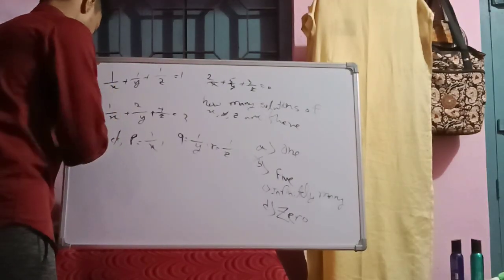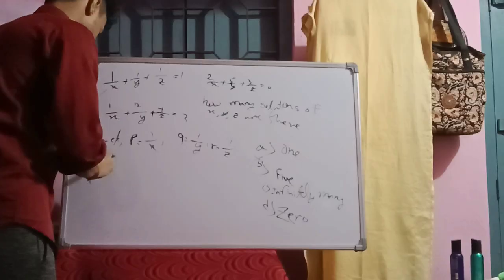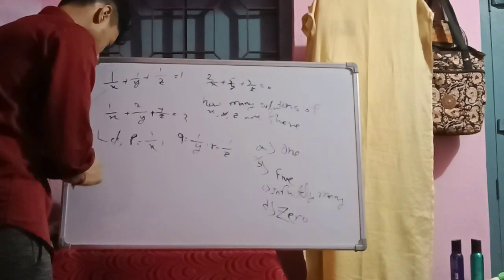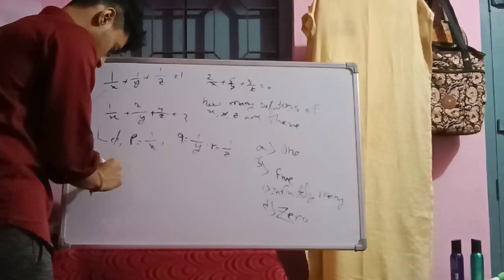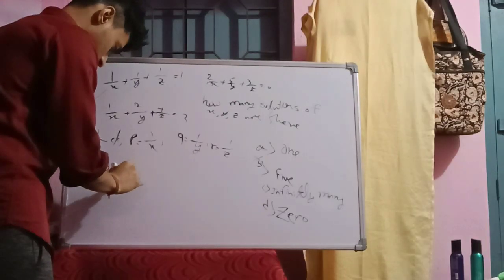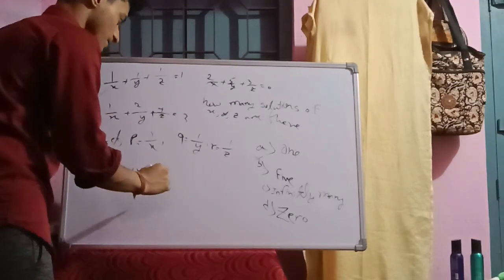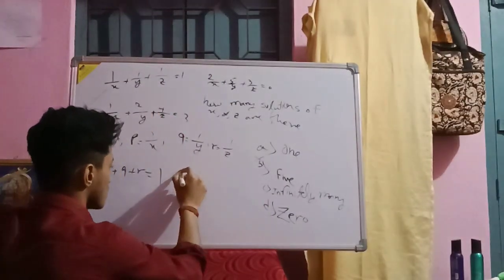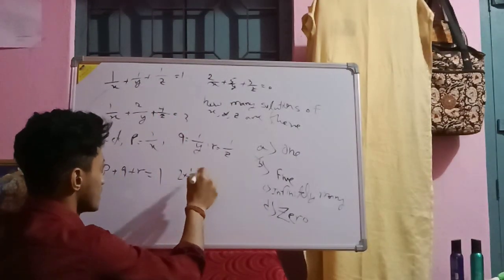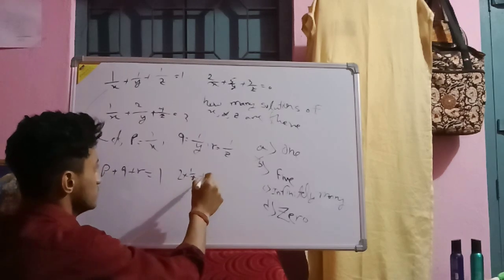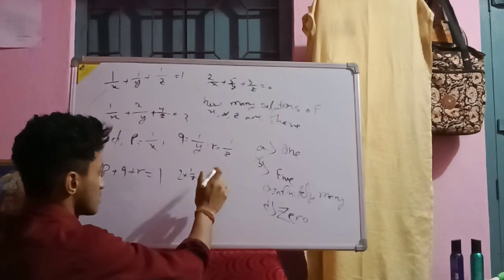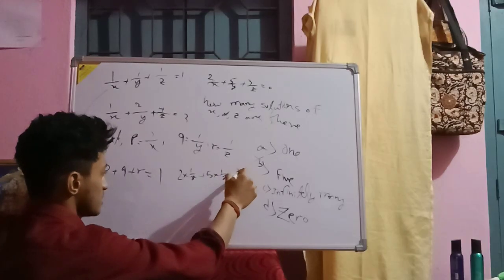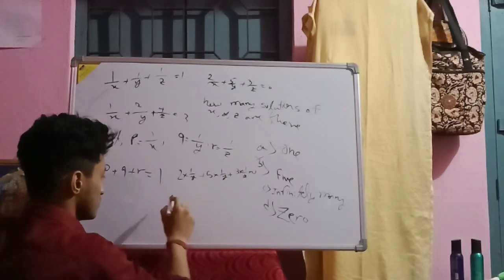Now let's write our equations in terms of p, q, and r. The first one becomes p plus q plus r equals 1. The next one becomes 2 times 1 over x plus 5 times 1 over y plus 3 times 1 over z equals 0.